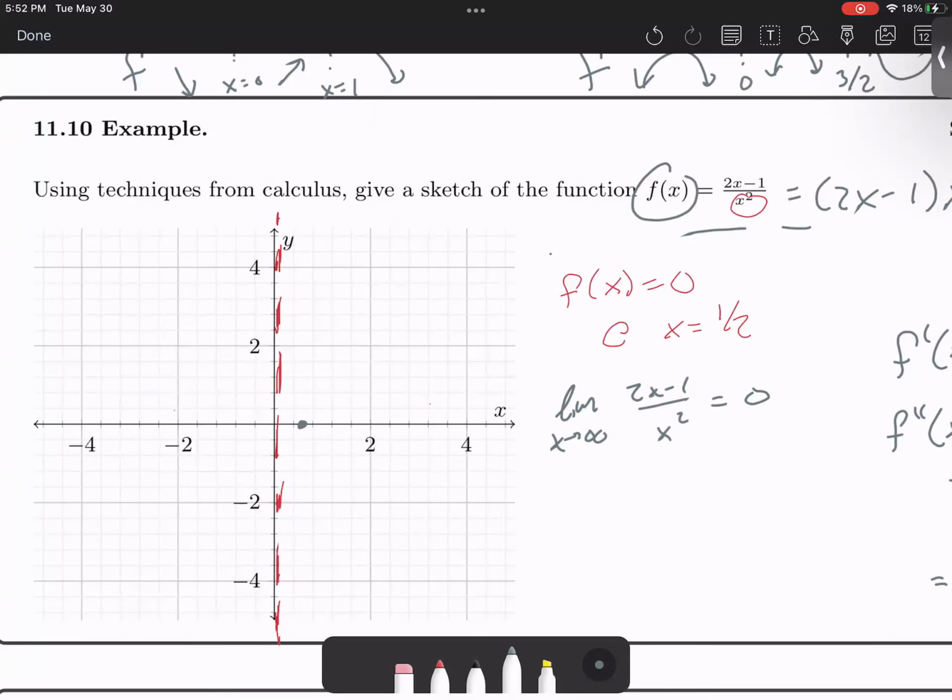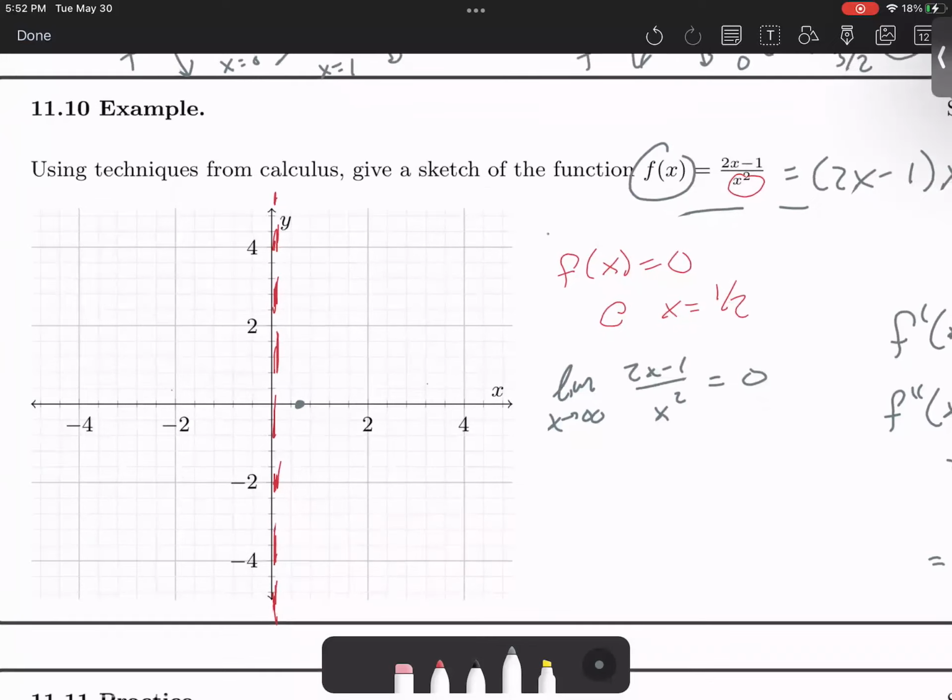And let's look at positive x values. So in fact, maybe I should just go through this. This is limit as x goes to infinity of 2x times 1 minus 1 over 2x over x squared. Our x's cancel.